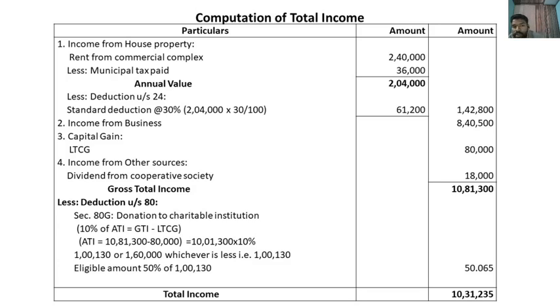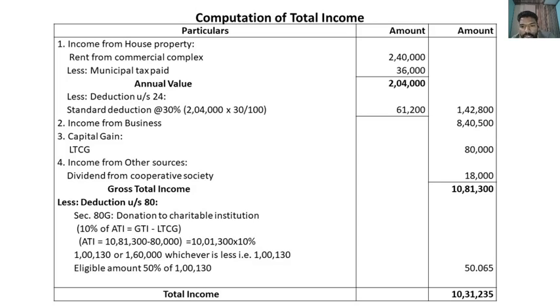So we should compare with 10% of ATI. 10% of ATI equals GTI minus LTCG. 10% of ATI is 1,130,000, or actual donation is 1,60,000, whichever is less. 10% of ATI is less than actual donation, so it should be taken, and the eligible amount is 50% of 1,130,000.